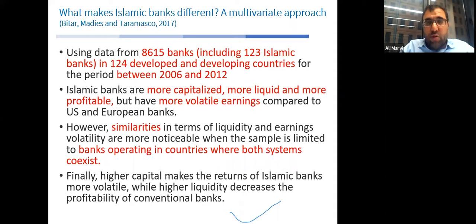So maybe some differences that they found at the first stage are due to country conditions or country fixed effects. Finally, they found that higher capital makes the returns of Islamic banks more volatile, while higher liquidity decreases the profitability of conventional banks.